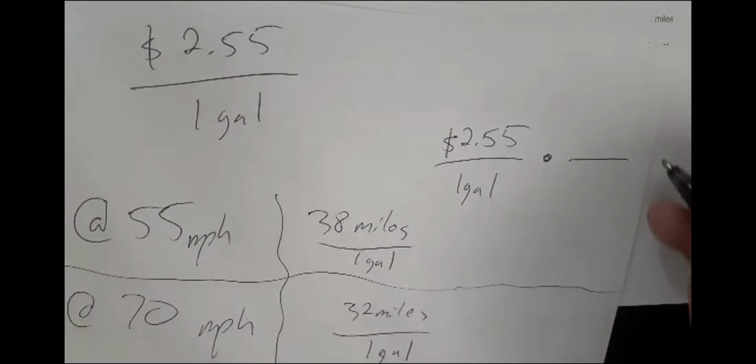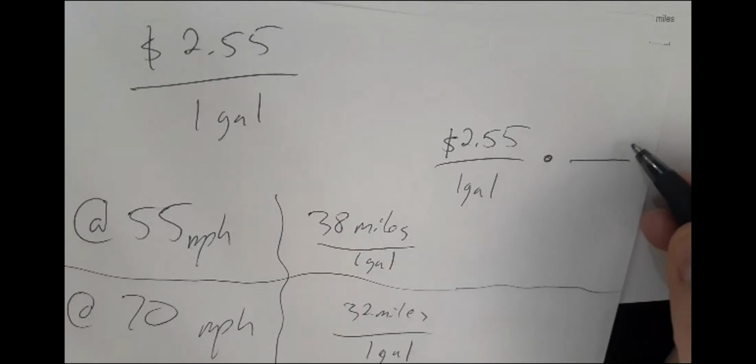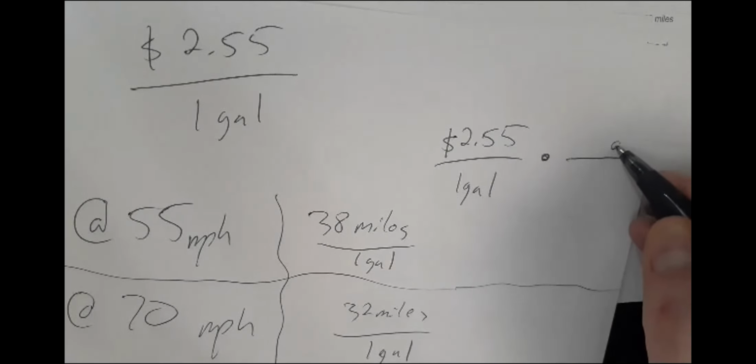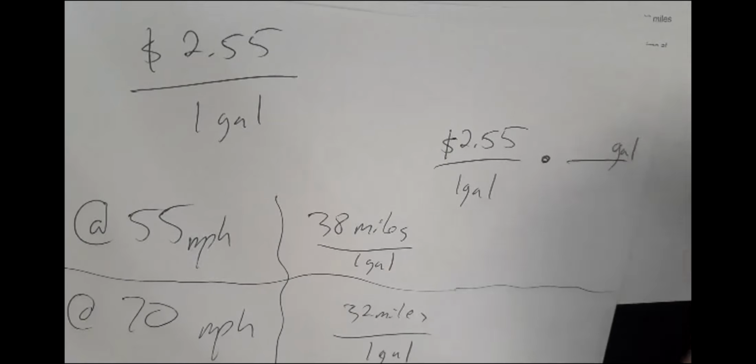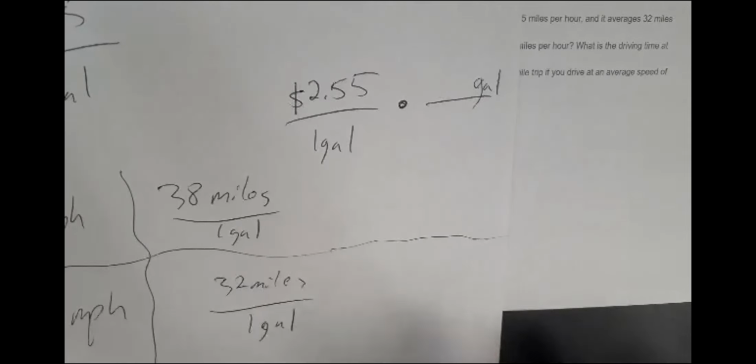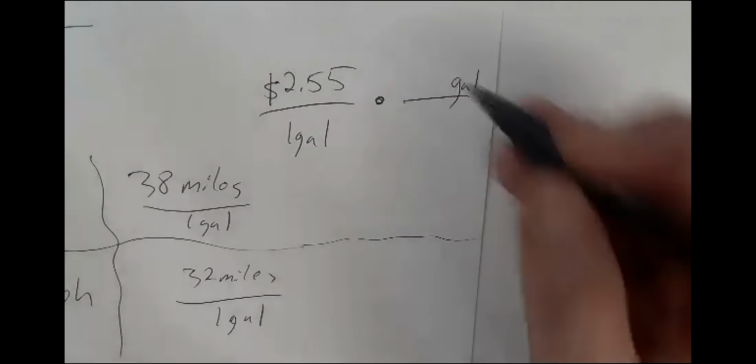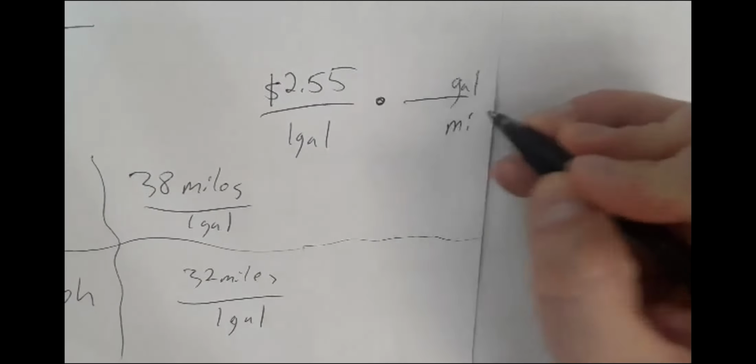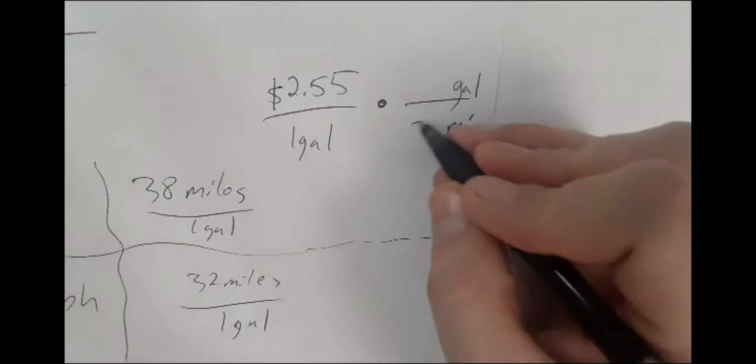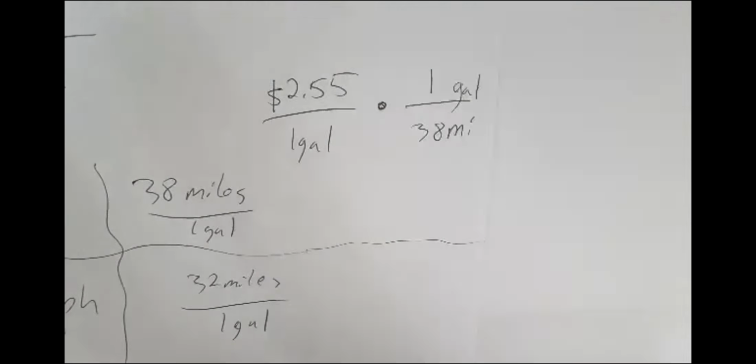And if gallons is on the bottom here, where's gallons going to go over here? On top. Yeah, so gallons should come over here. I'm not leaving myself nearly enough space because I'm going to have to do another one first. But I know gallons to miles. I know that this will get 38 miles for every 1 gallon.